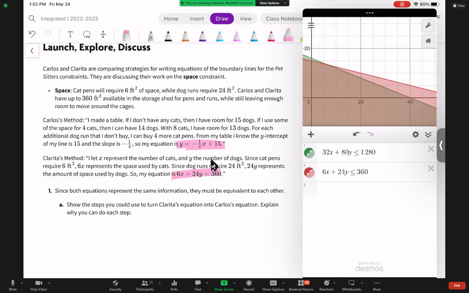So your job is to rewrite Clarita's equation into Carlos's. Ideas for that? Well, y is by itself here. So how could you solve for y?